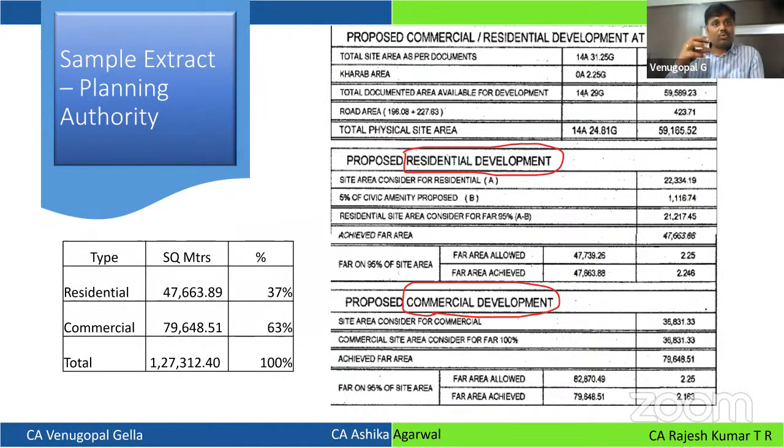Now, this is how you will have to identify whether this is a project where the commercial or residential portion dominates. Why is it very much necessary? Because from the taxation perspective, we all know any input tax credit on works contract is not eligible for the end user. When the input tax credit itself is not eligible, the higher the rate of tax, it will increase the cost.